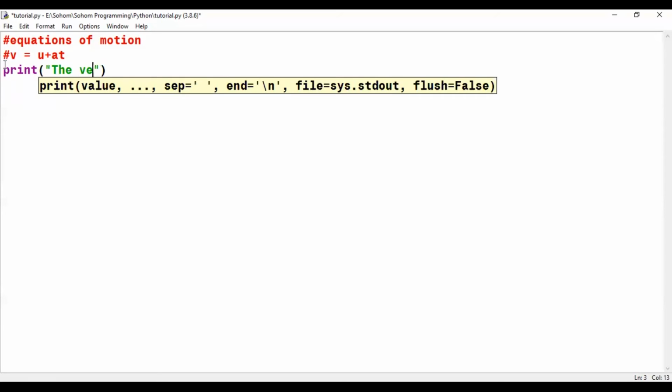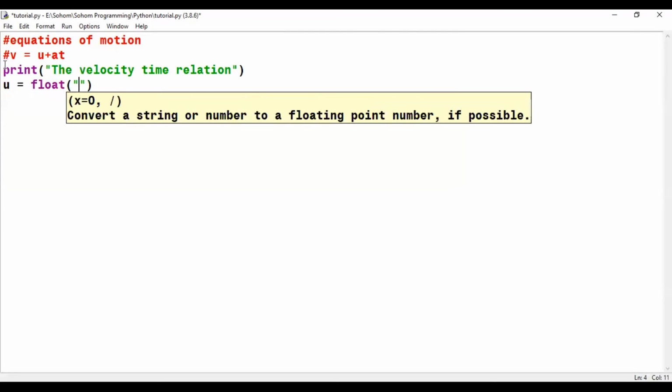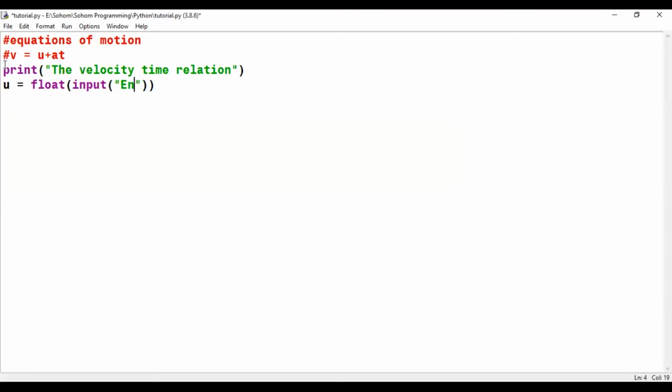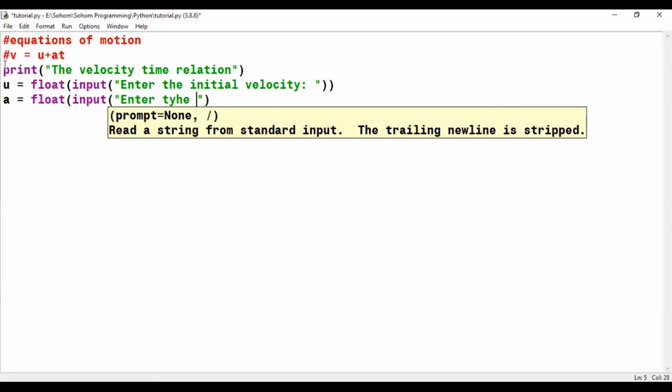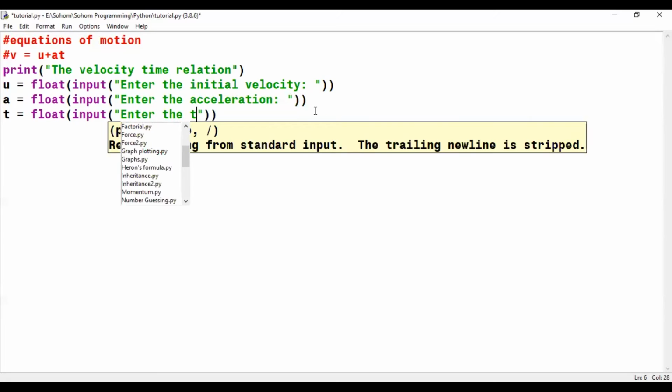The velocity time relation. So let's say I take an input in float, that is, taking an input of the initial velocity, and I'm just going to write here, enter the initial velocity, and a will be float input, enter the acceleration, and for t I'm going to write float, enter the time.